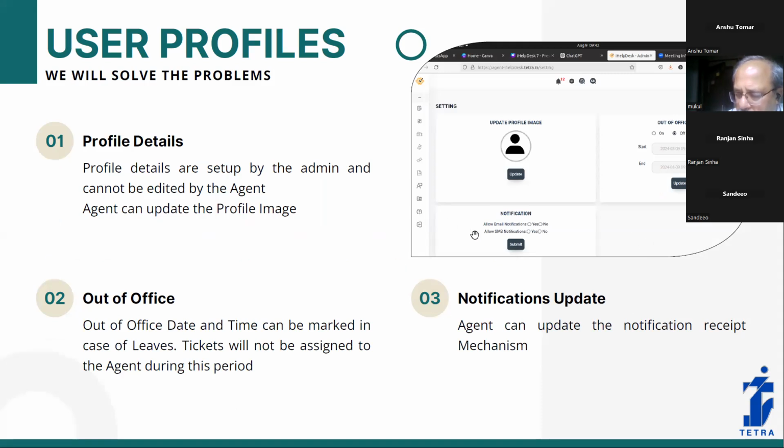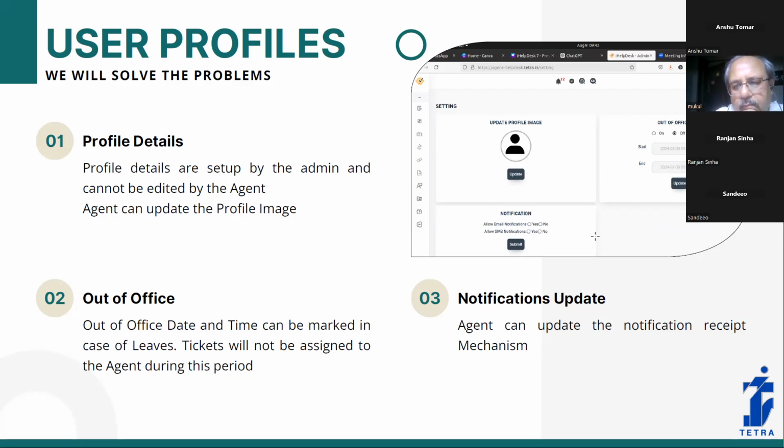For the agent module, the admin has to create the agent, and he has an option for out of office because the ticket moves in the round robin method. If the agent is not present or is on leave, he has to mark it here, so that the ticket will not be assigned to that agent. Otherwise, the ticket will be assigned to the agent even if he is on leave, and nobody is going to take the ticket.